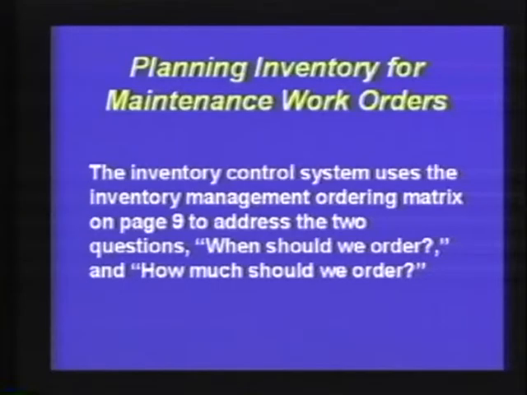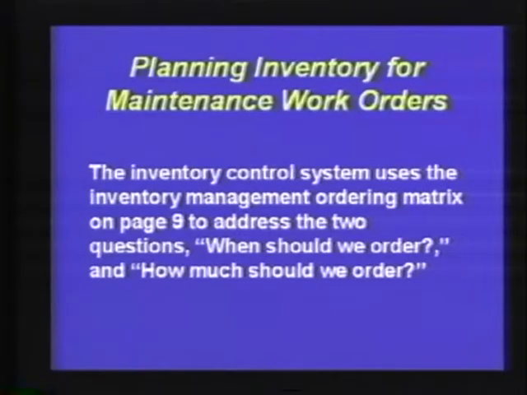Now, 7D is really the input into addressing the question, when should I order and how much should I order? And remember, I talked earlier about an inventory ordering matrix. Well, as the first paragraph on page 7D illustrates, that is going to be found on page 9.